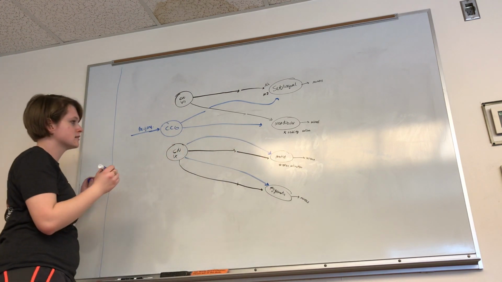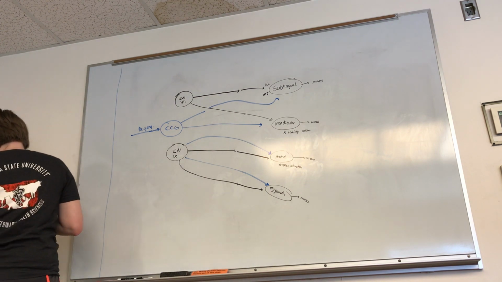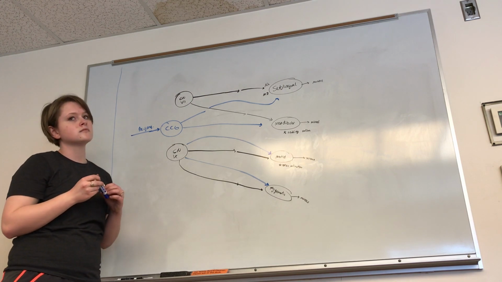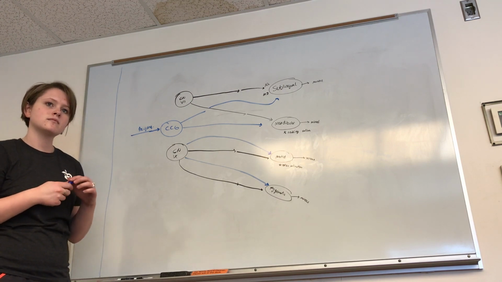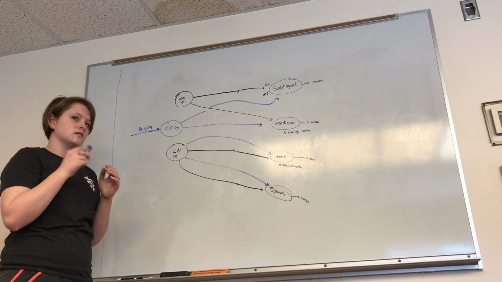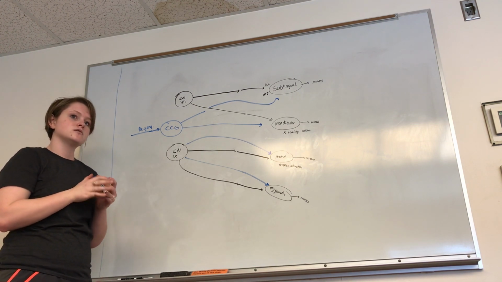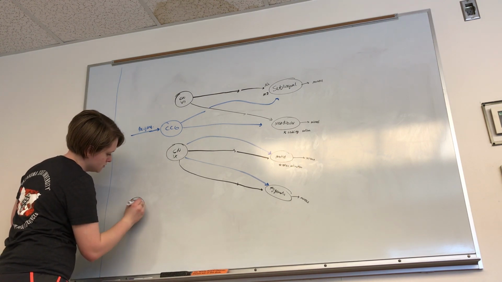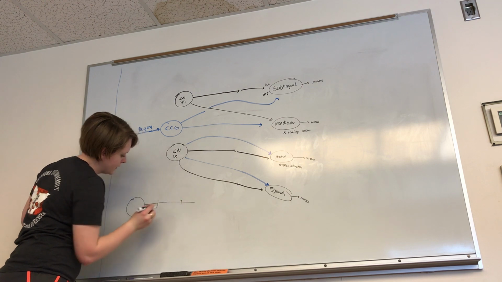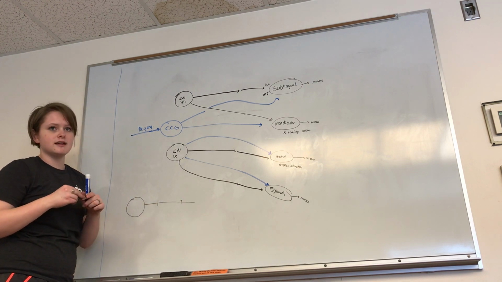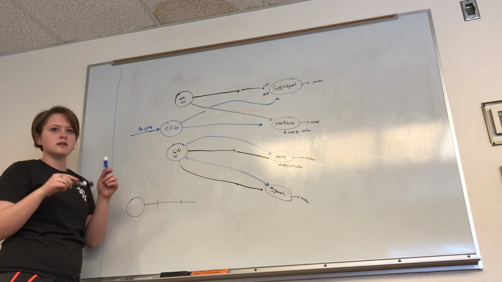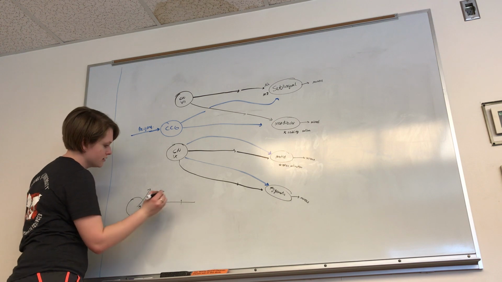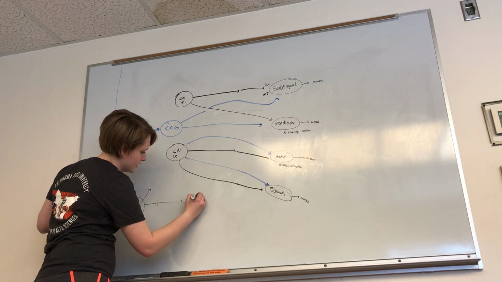Does that make sense? So think of your spine. Where does the parasympathetic come out? Cranial and sacral. So you have parasympathetic here, and then you have parasympathetic here.